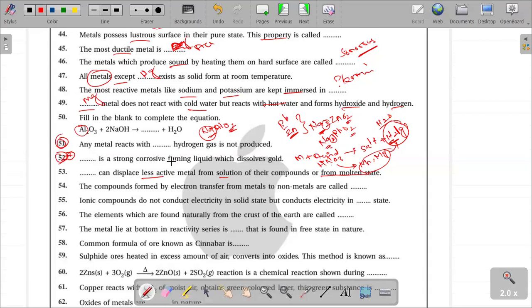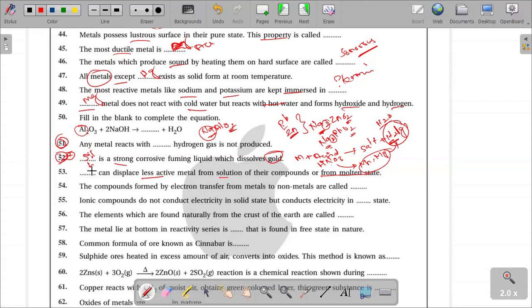Dash is a strong, corrosive, fuming liquid which dissolves gold also. A 3:1 ratio of acids. Aqua regia.